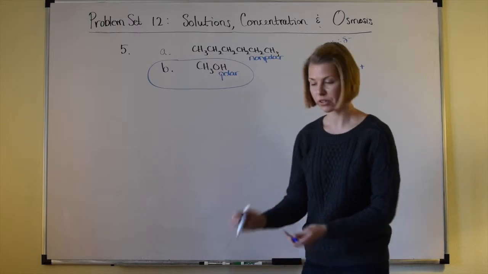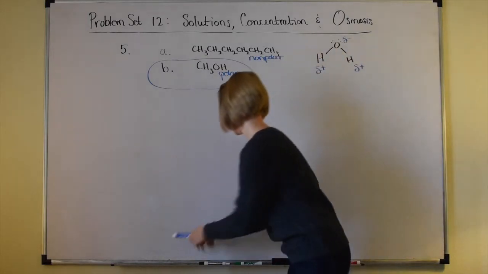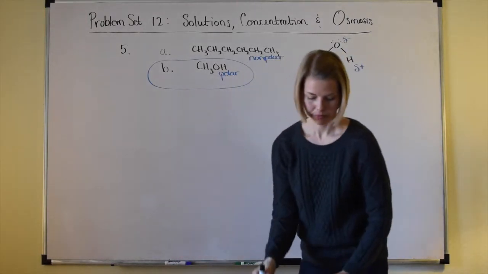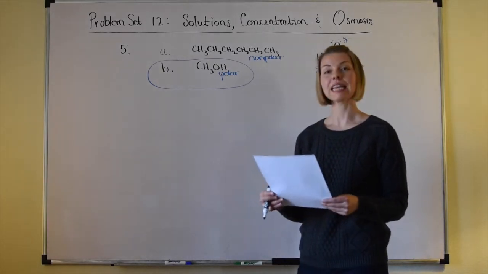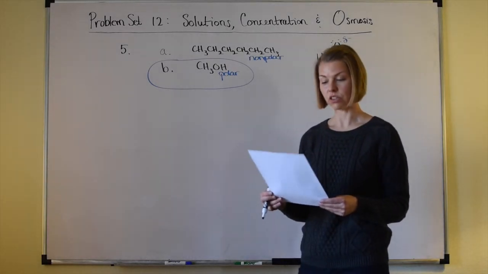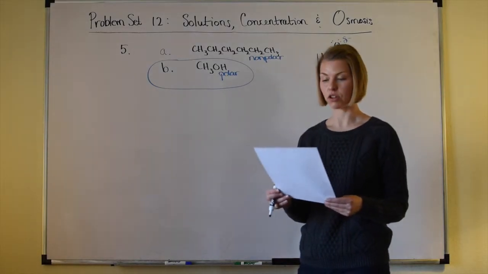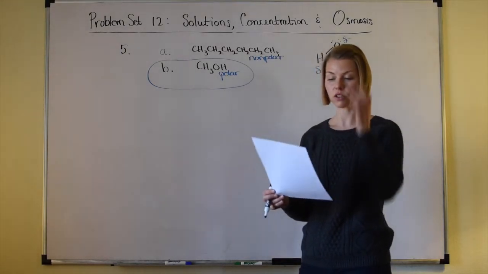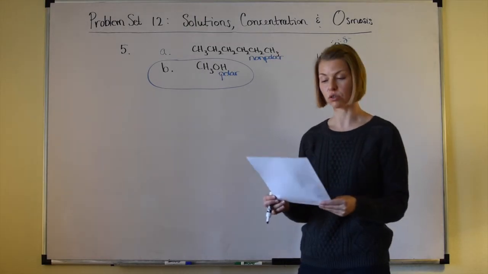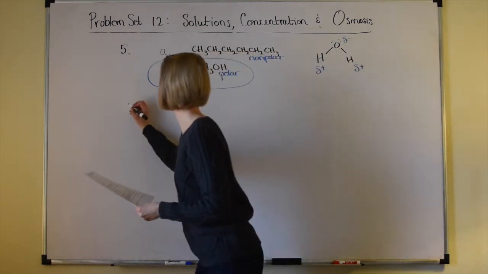All right, number 6. Normal saline is used in intravenous drips and has a concentration of 0.90% mass volume sodium chloride. Answer the following questions about preparing a solution of normal saline.